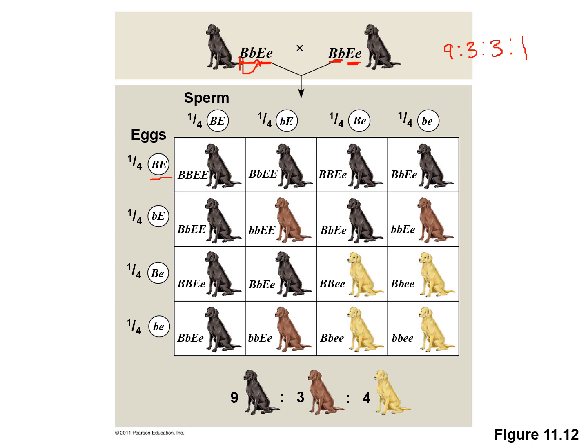We could also have big B going with little e, that's another gamete. We could have, we'll go over here just for more room, little b going with big E. There's another gamete. And then we could also have little b going with little e.